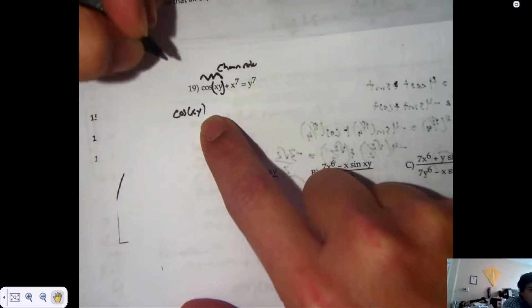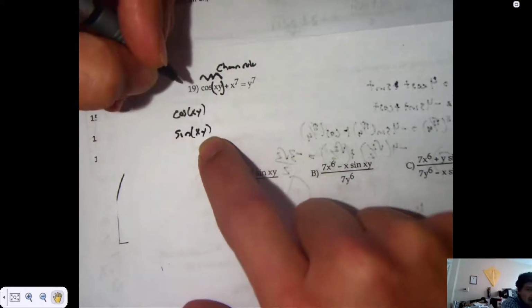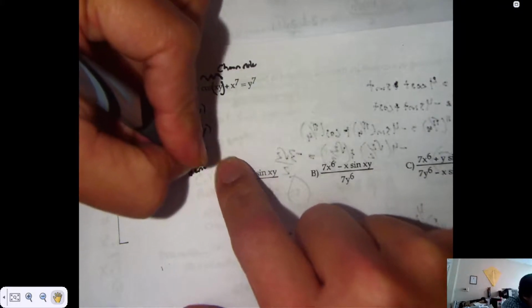I'm going to do this off to the side. So cosine xy, I'm going to take its derivative. The derivative of cosine is sine, so sine xy. But now I have to find this guy's derivative. Find the derivative of xy.